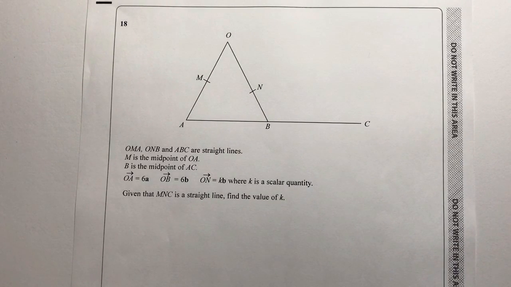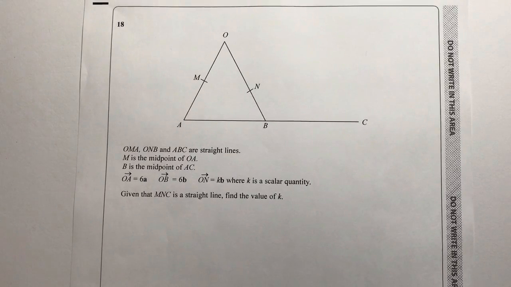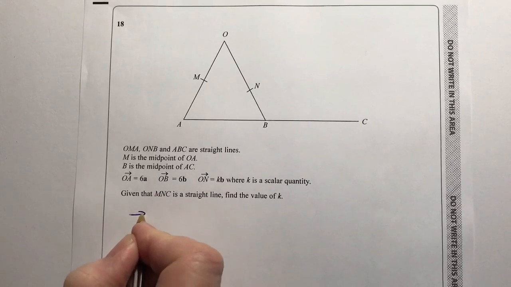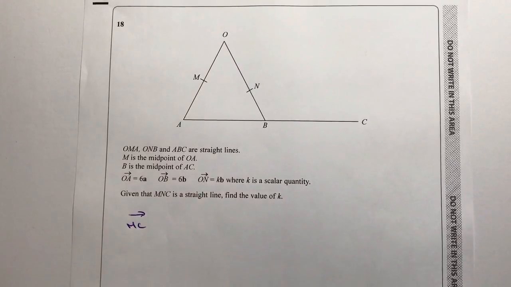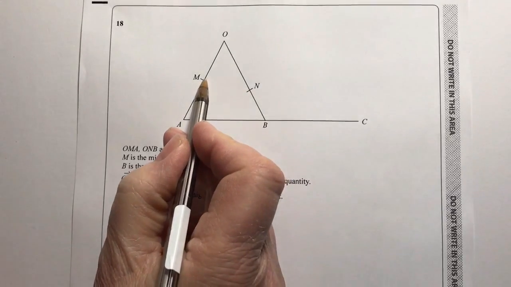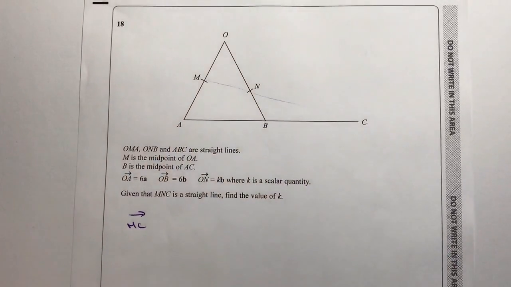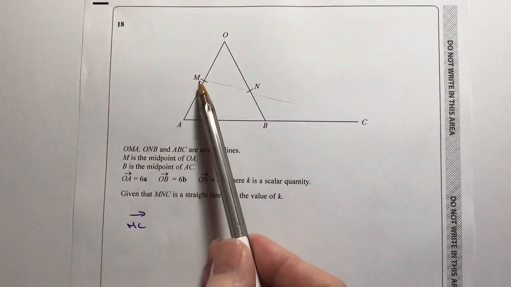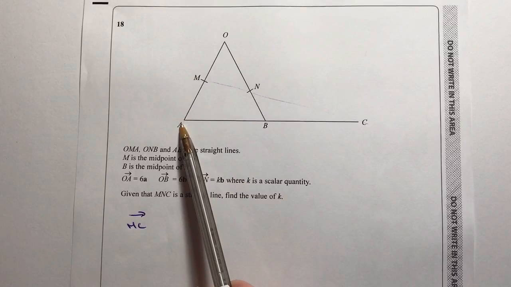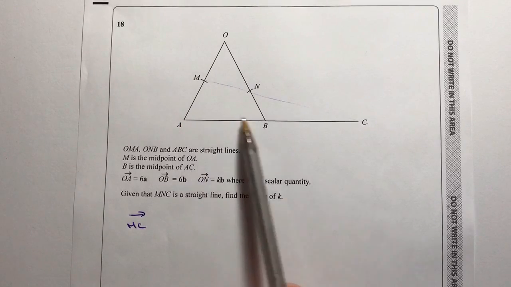Okay, so let's just have a look, and what we need to do first is work out the value of the vector MC. Well, in order to work out MC, so this is this vector along here, I need to work out the vector MA, so M to A, and then I need to go from there to there.